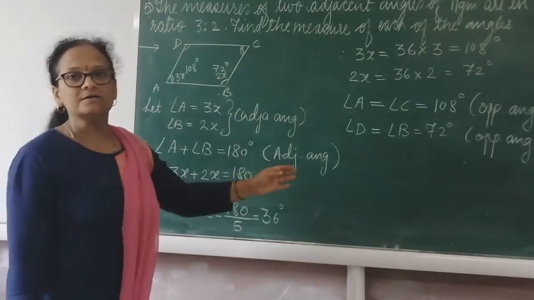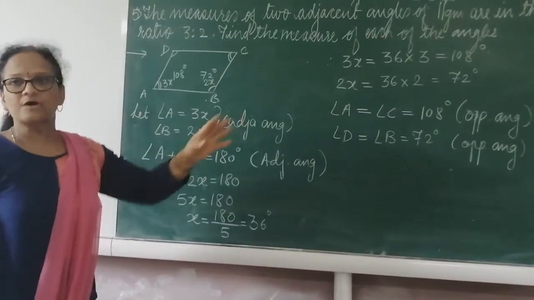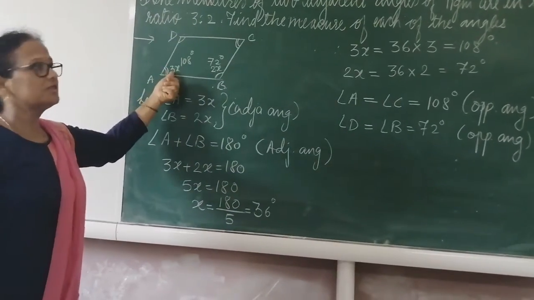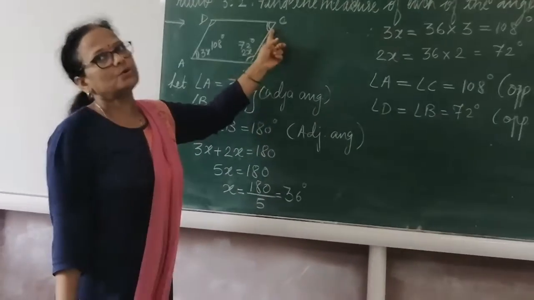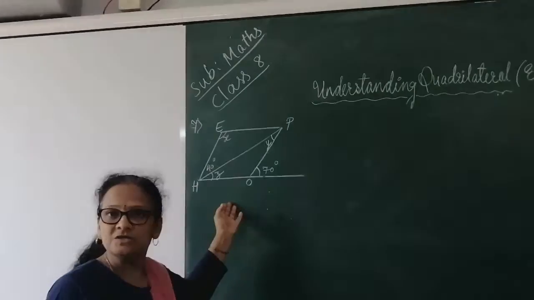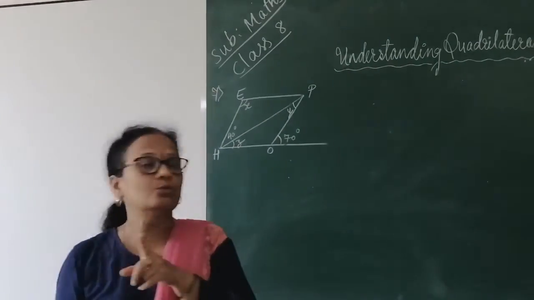Okay, now here we got all the angles of the parallelogram. This is 72, this is 72, this is 108 and this is 108. Now this we have already solved in question number 2.